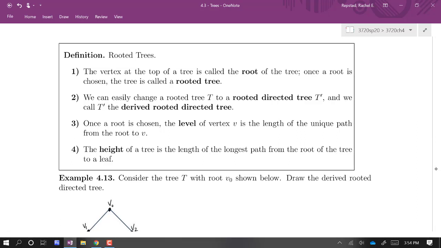If we have a rooted tree, we can easily change it to a directed rooted tree where we just add direction to each of the edges. Once we have a rooted tree, as I mentioned before, we have a bit of a hierarchy. So the level of a vertex is the length of the unique path from the root to that vertex.